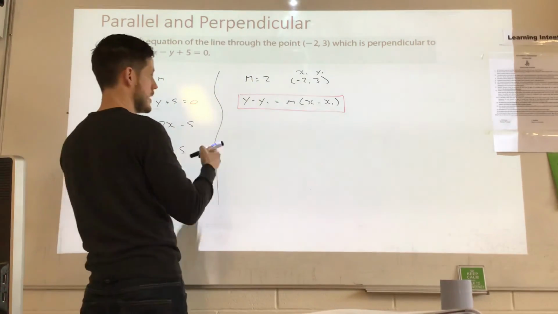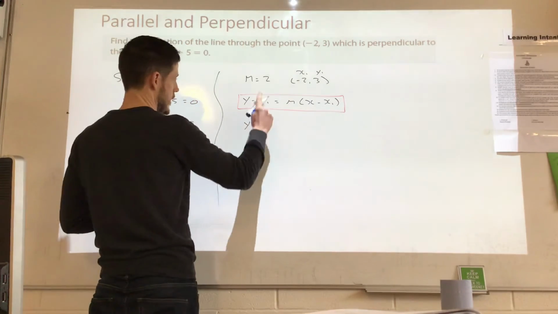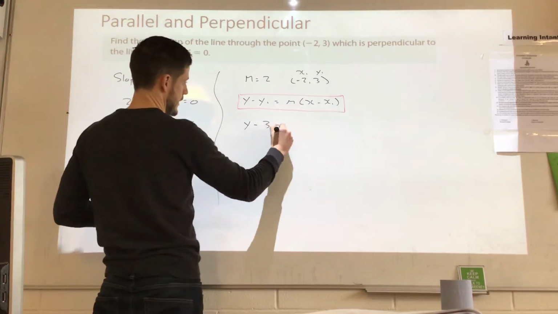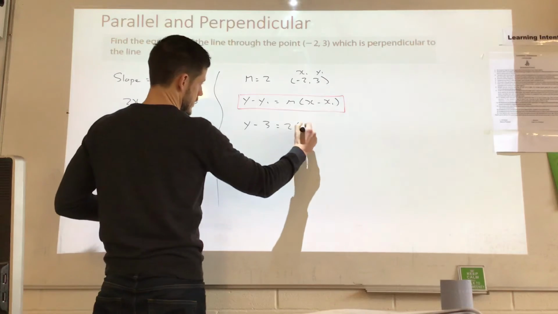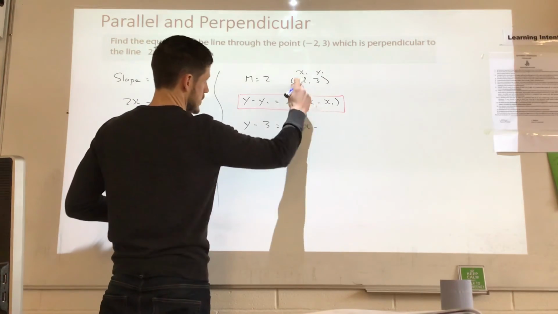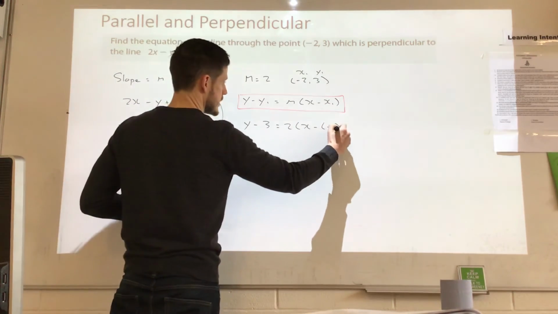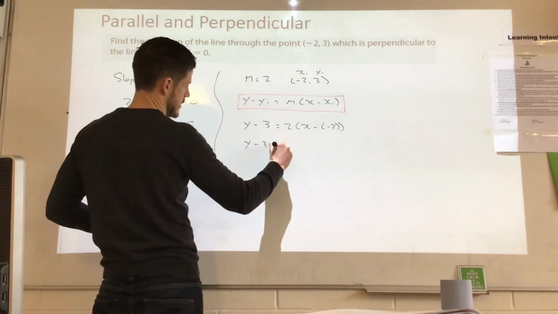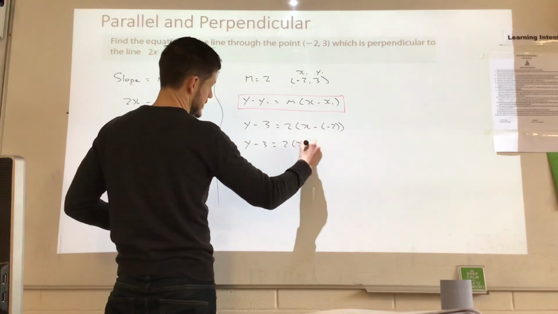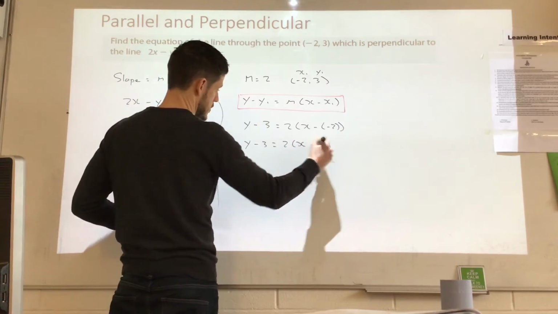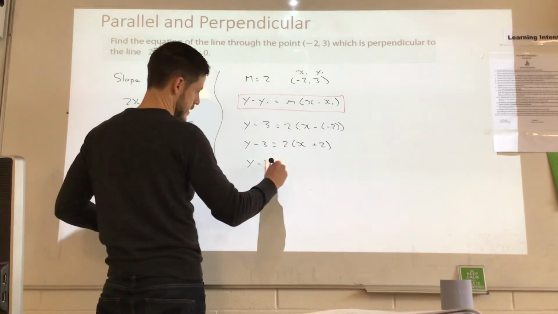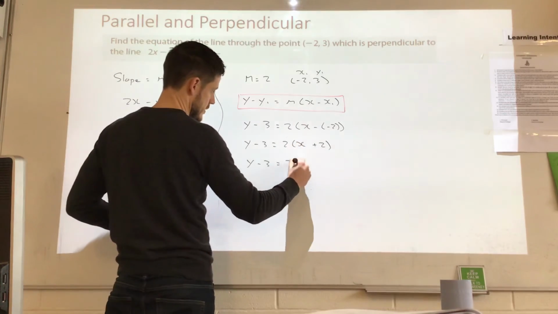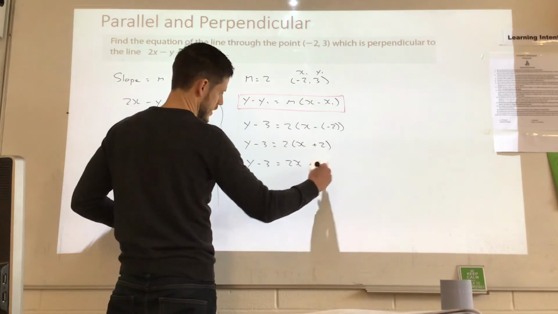What I do is y minus what y1 is, which is 3, slope is 2, times x minus x1. And remember that's a minus minus, so I'm going to put it in brackets. So I'm left with y minus 3 is equal to 2 times x minus minus gives me plus 2. And therefore y minus 3 is equal to 2x. 2 times 2 is plus 4.